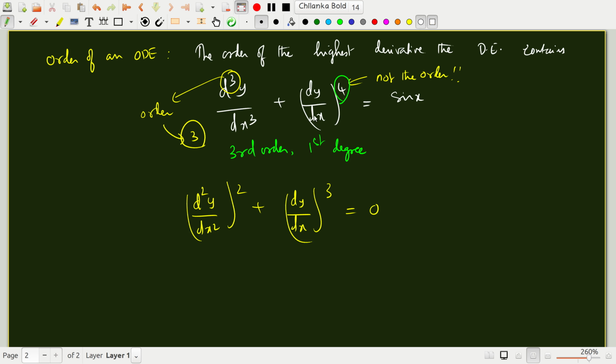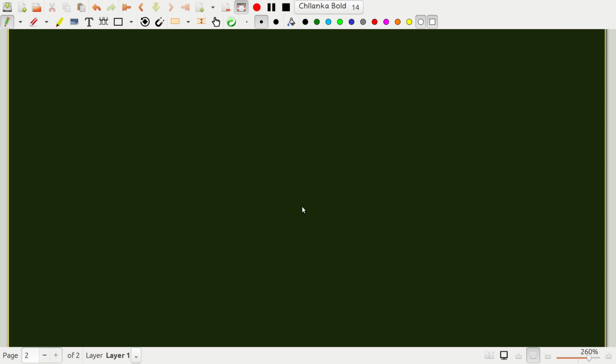This is still second order, and it will be second degree, and you don't worry about this other power. This is the power of a lower derivative, so you do not base the degree of the differential equation on lower derivatives.